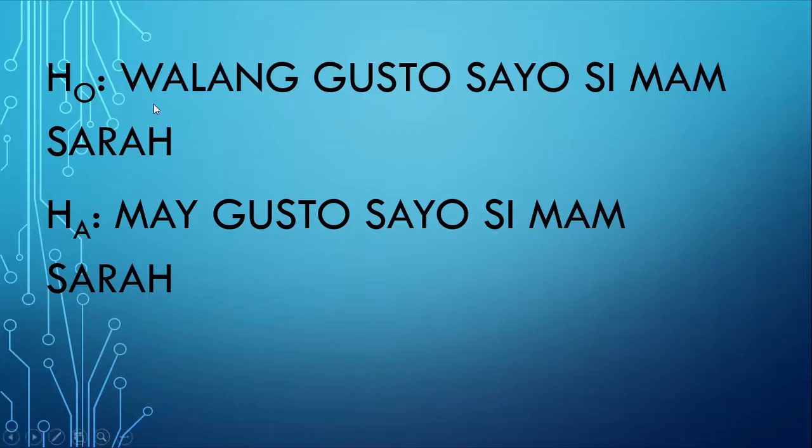H sub A, on the other hand, denotes an alternative hypothesis. It claims that it means presence, such as the presence of difference, presence of relationship, or inequality to a certain value. Like sa ginawa kong statement, H sub O represents the absence, or walang gusto sa iyo si Ma'am Sarah as a null hypothesis since I use the word wala which denotes absence.